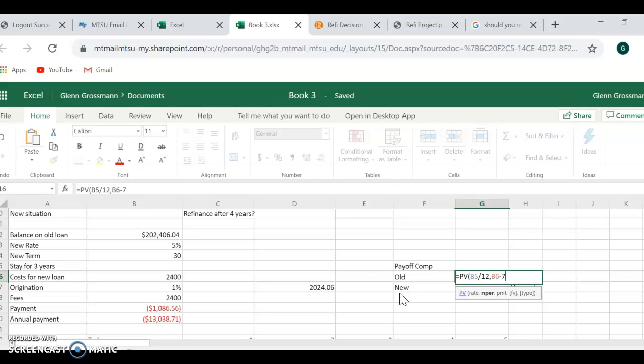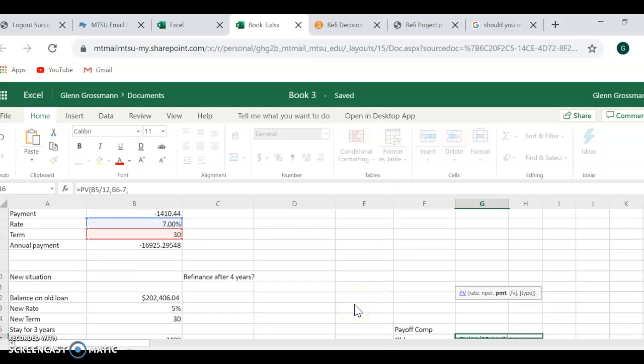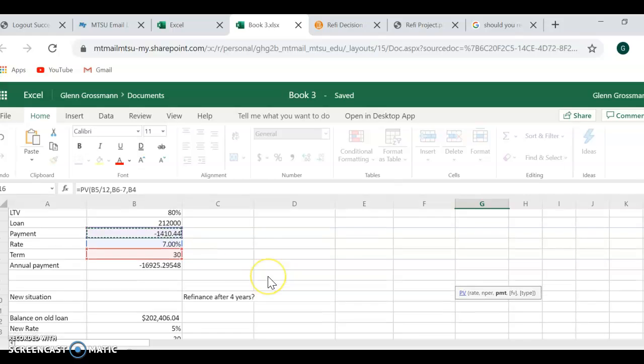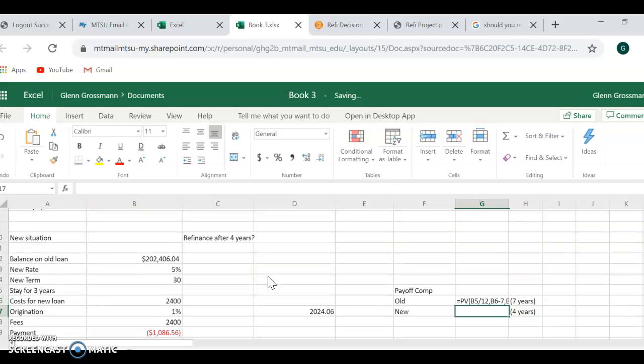And then we will take our old payment as well, which is the $14.10. I'll put that in, and we will do this.